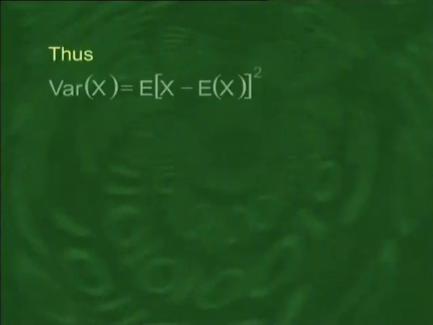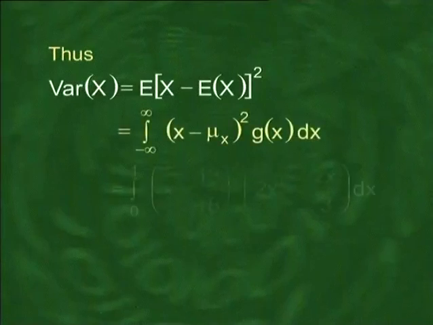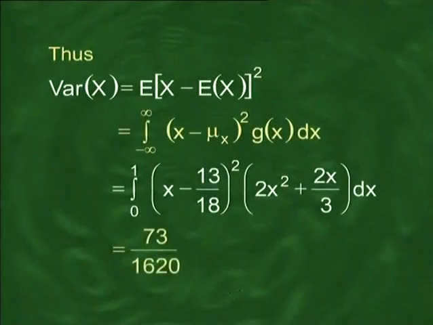Now, in order to find the variance of x, we can either apply the direct formula or we apply the shortcut formula. For the sake of interest, let us apply the direct formula in this example, and if we do so, we have expected value of x minus E of x whole square equal to the integral of x minus E of x whole square multiplied by g of x, and the integration is being done with respect to x.